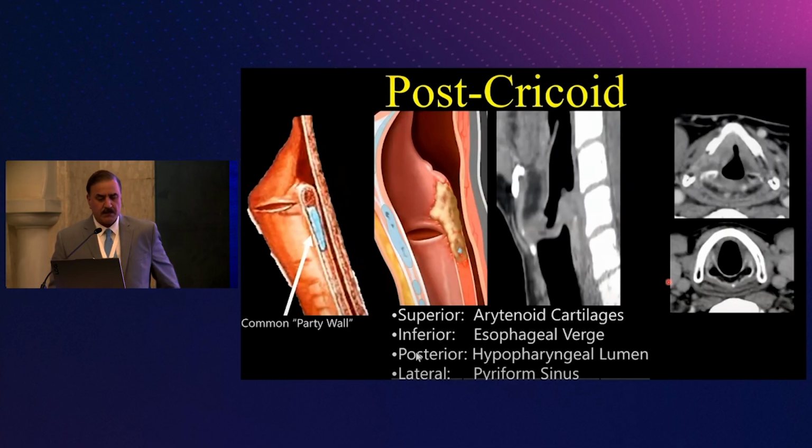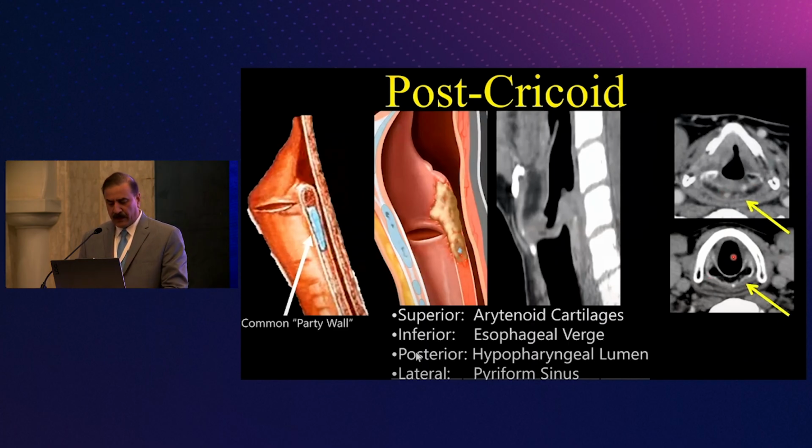Now, coming to this postcricoid region, which is also called by some the common party wall, you have to just understand where exactly this is. So back here, we see this is the posterior pharyngeal wall. Then you see the sliver of lucency, which is the pharyngeal mucosal space of the hypopharynx. And then you see another band of soft tissue right here, which is just behind your cricoid cartilage, the cricoid lamina.